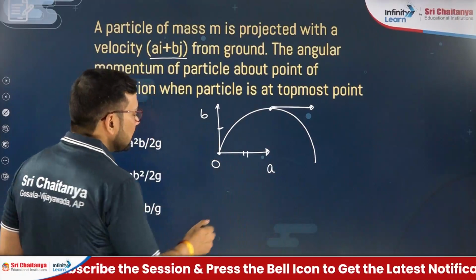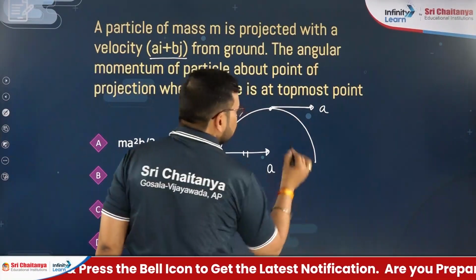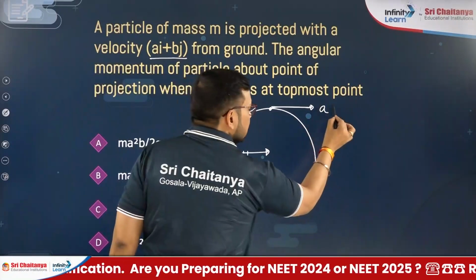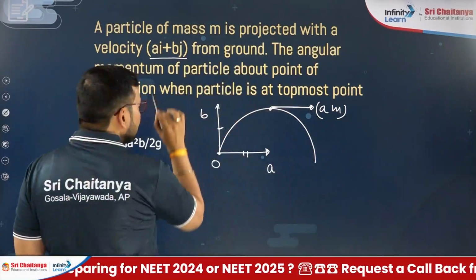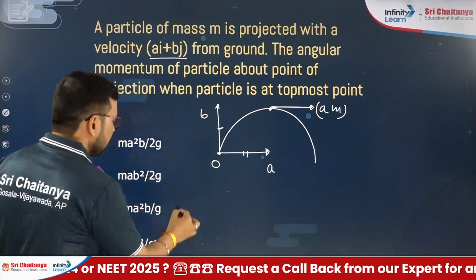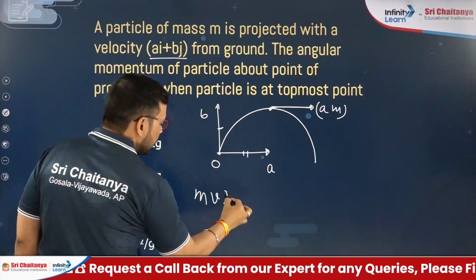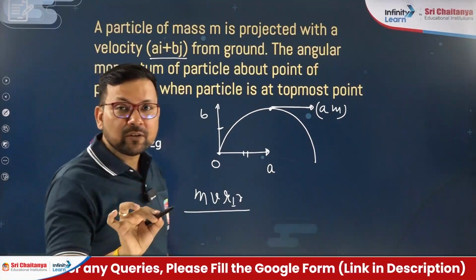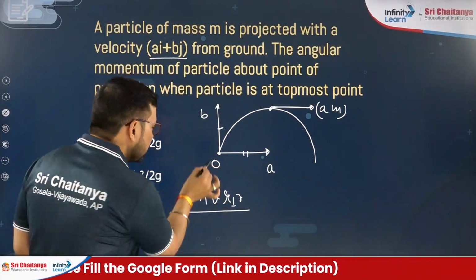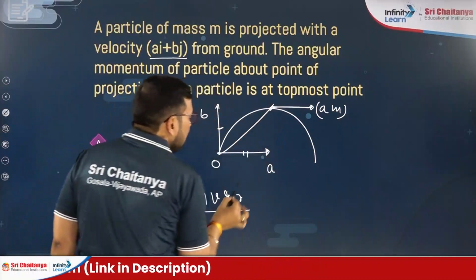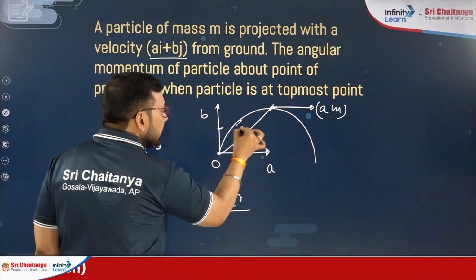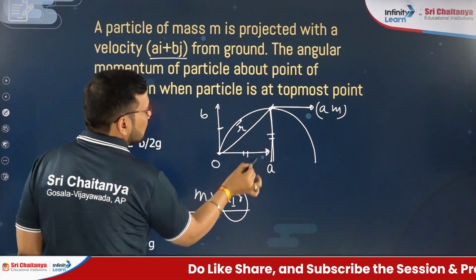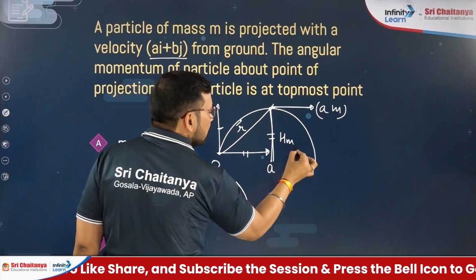So velocity earlier was A, so this is also A. A is velocity, and if I will multiply with mass, that will become momentum. But angular momentum, when linear velocity is given, that is mv into r perpendicular. R is always from point of rotation to point of velocity. But this is R, and what we need is R perpendicular. So if I will take its perpendicular component, that will be maximum height.